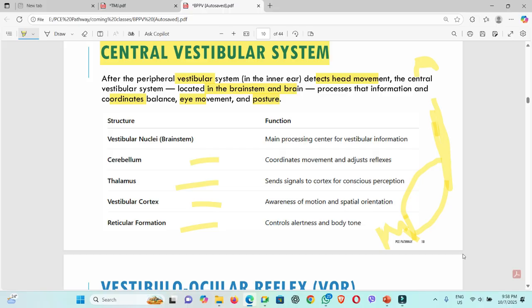That is the vestibulospinal reflex, contraction of the postural muscles with the movement of the head. There are two reflexes: one is the vestibulo-ocular reflex and one is the vestibulospinal reflex.